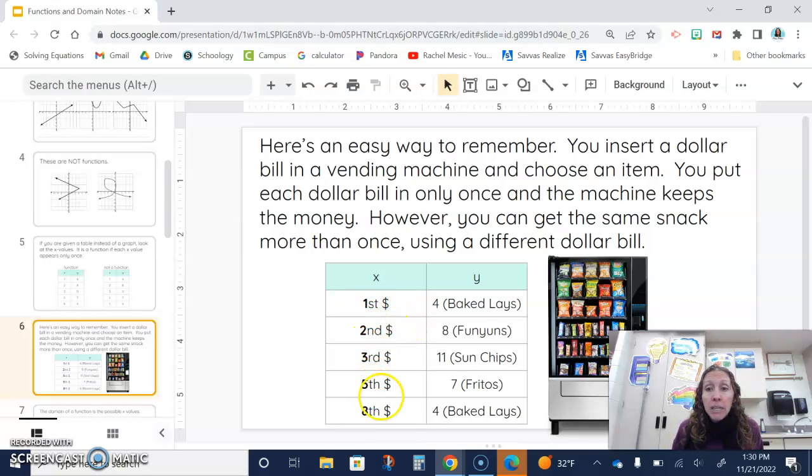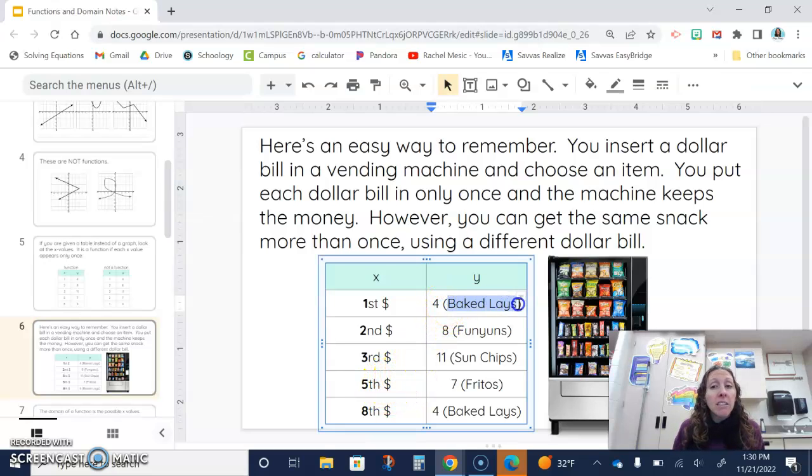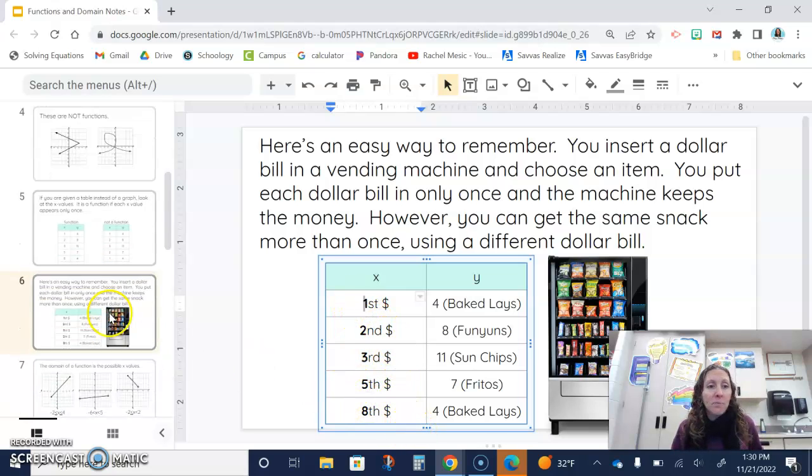I can put in as many bills as I want to. I can get the same thing from the vending machine. So like I can get the Lay's potato chips with my first dollar, and I can get them again with my second dollar. But I cannot put in the same dollar bill. So you absolutely cannot see anything that repeats in the X column.